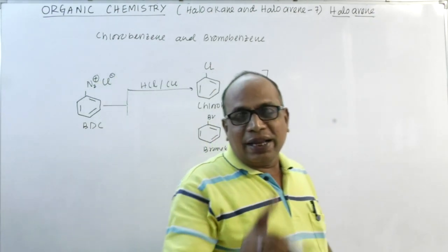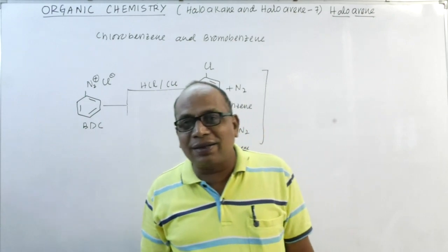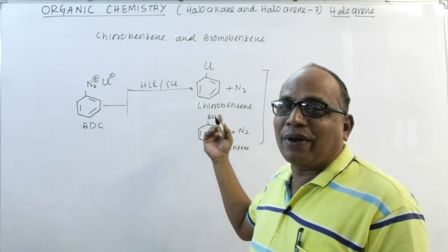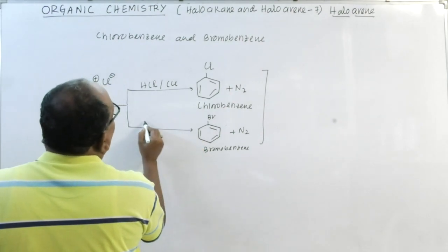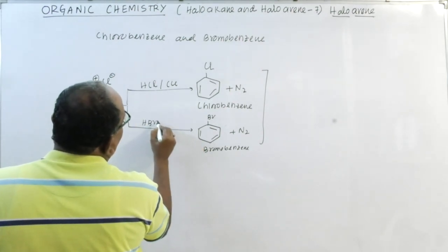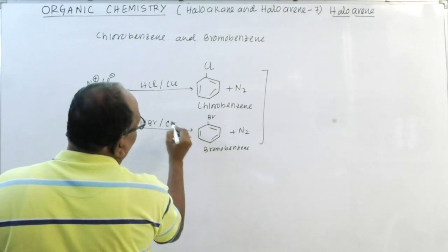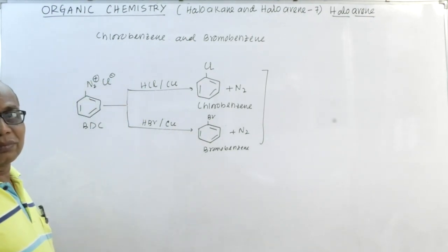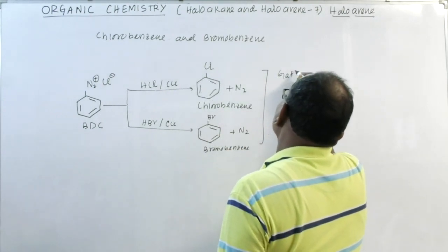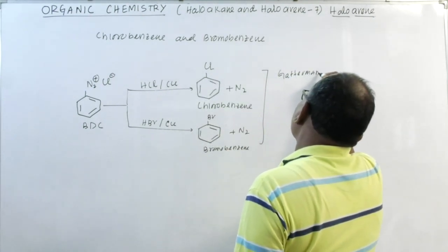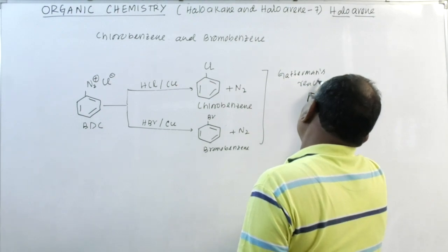What is the difference? In that case you are taking cuprous chloride, but here you are taking copper powder. Similarly, in this case also, you treat with HBr in presence of copper powder, and this method is called Gattermann reaction.